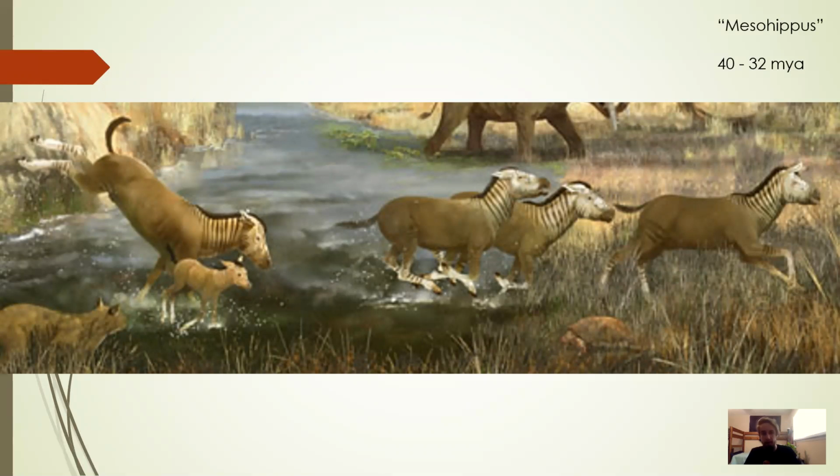The coloration is sort of a blend of the modern wild horses in Asia, as well as zebras, and even takes some influence in the layout of the coloration from the extinct quagga, which was a relative of the zebra.